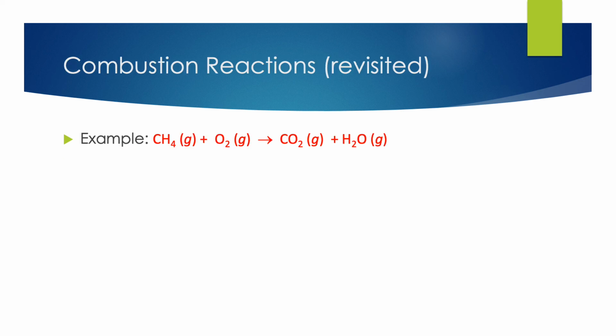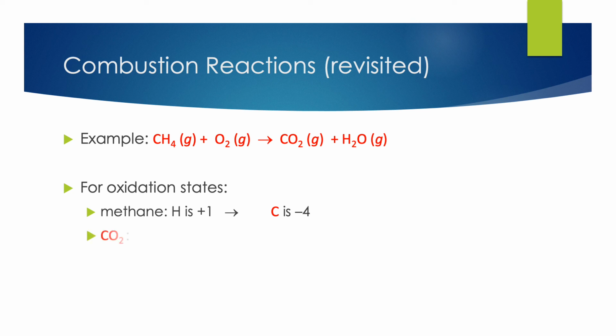Now I want to revisit for just a brief moment combustion reactions, because they are actually an example of an oxidation-reduction reaction. Let's look at methane combustion as an example. Now for oxidation states, in methane, H is +1, so that means the carbon is formally -4. It doesn't actually form a -4 ion, but we think formally it is a -4 in this case. In carbon dioxide, oxygen is -2, so formally speaking, the carbon has a +4 charge.